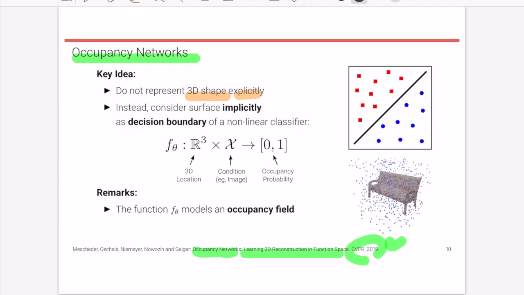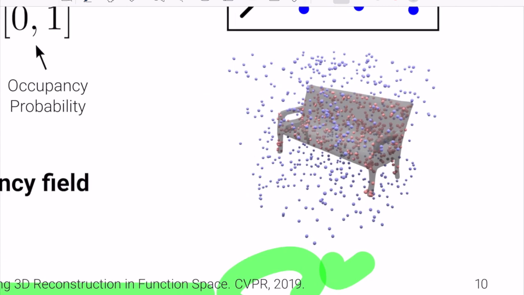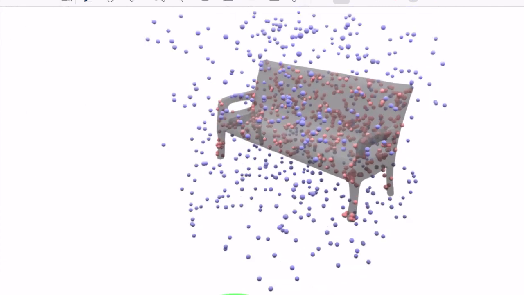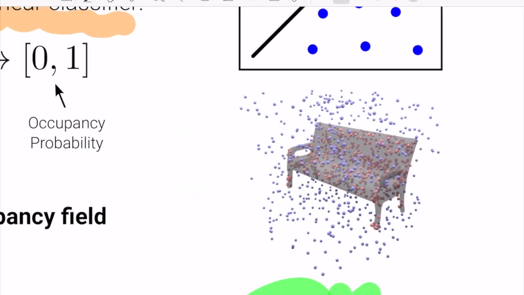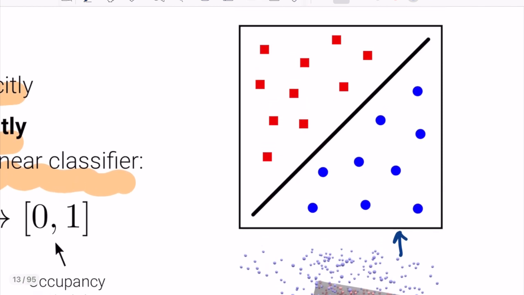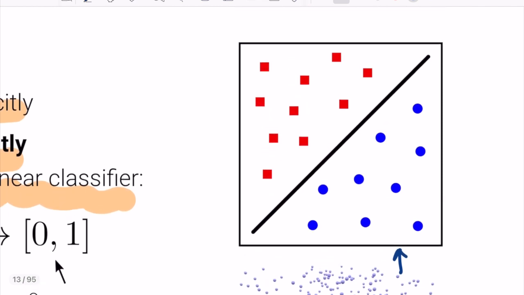Instead, it considers the surface implicitly as a decision boundary of a nonlinear classifier. Let's just suppose that here is a 3D model. Can you see the 3D model? When we project such a 3D object to the 2D plane, it should look like that.